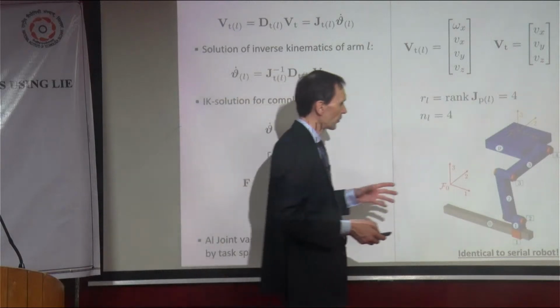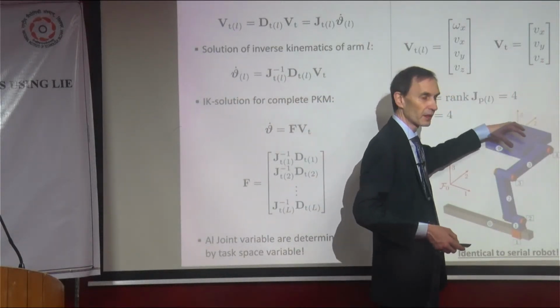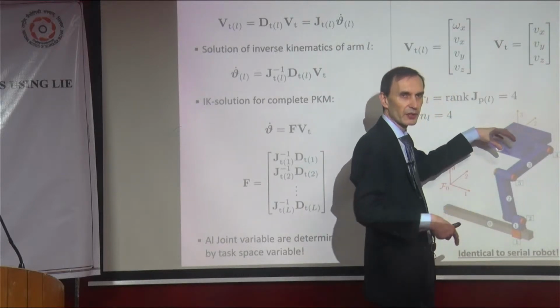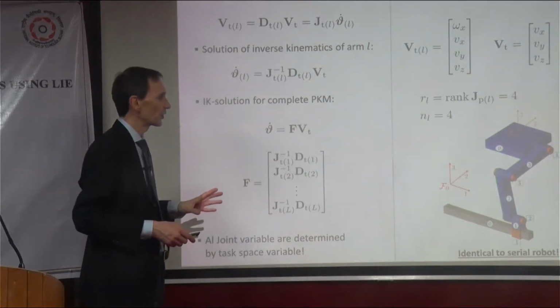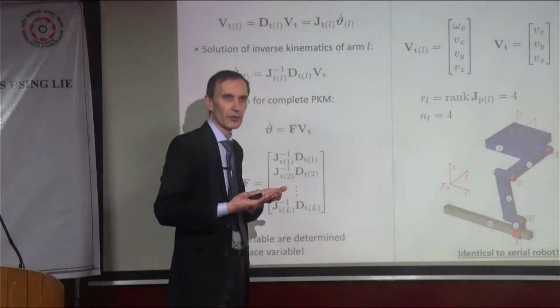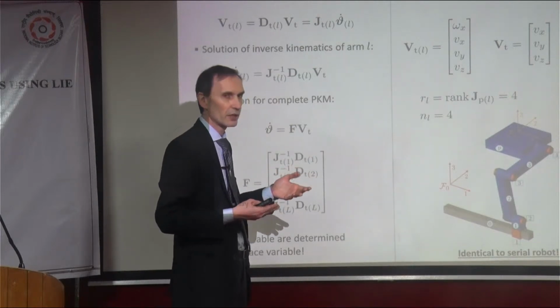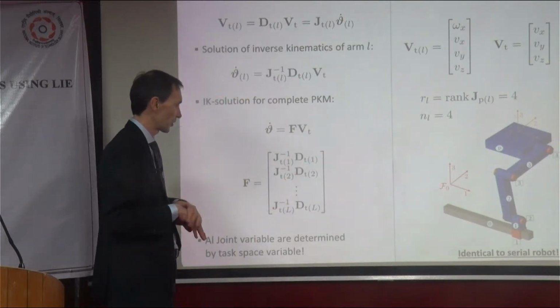So assume that all the limbs are connected. Then you move the platform, and then according to this platform motion, you get the motion of all the joints, the velocity of all the joints. And this is the key element here. You can say this is kind of a generalized inverse kinematic solution, because out of the platform motion, you get the motion of the limbs, of all joints actually.